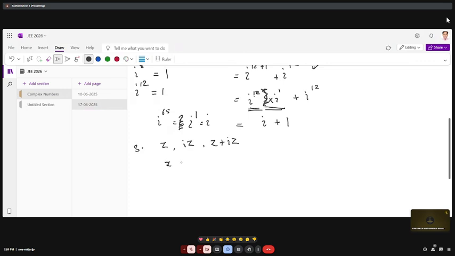So let us take Z equal to x plus iy. If that is represented by coordinates x and y in the Argand plane, then put everything, Z, iZ, Z plus iZ, in the same x and y format.